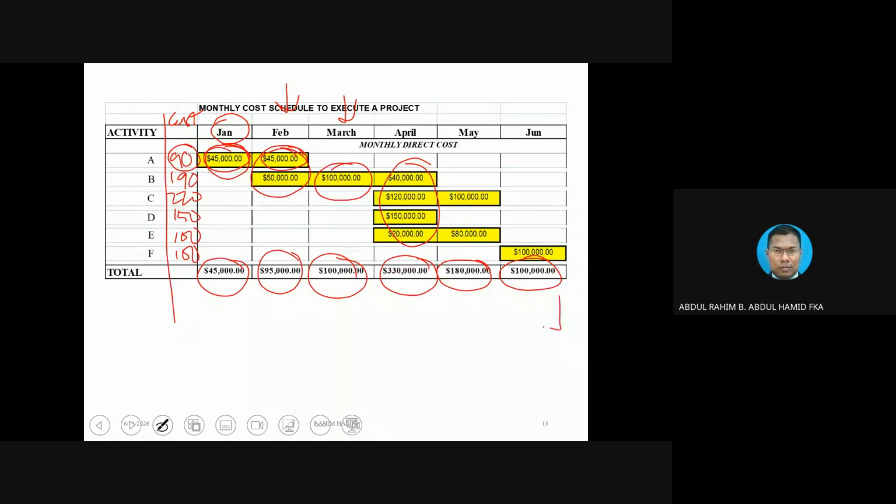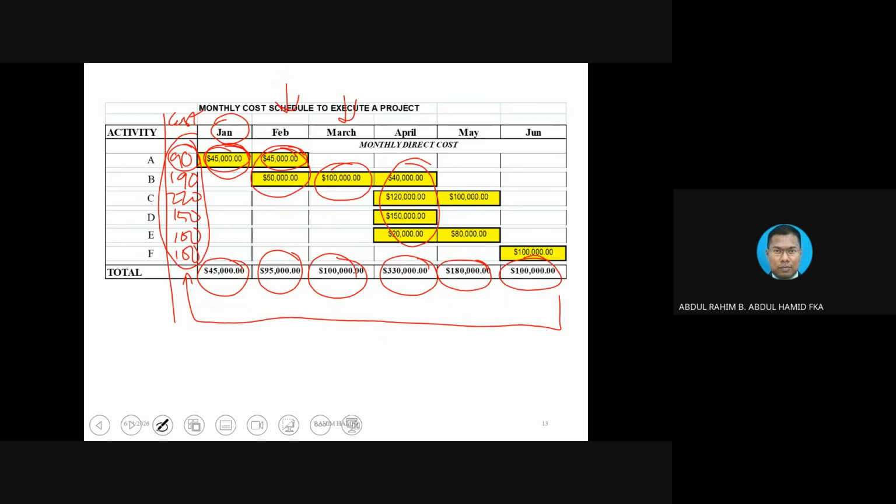And if you add back this thing, it will be equivalent to this thing that you total up. What we are doing is basically, instead of having the cost according to each task, we distribute the cost according to the month. Why do we need to do that?